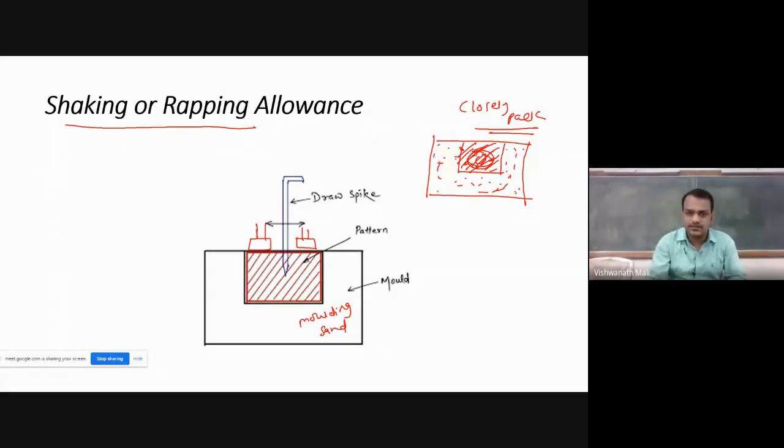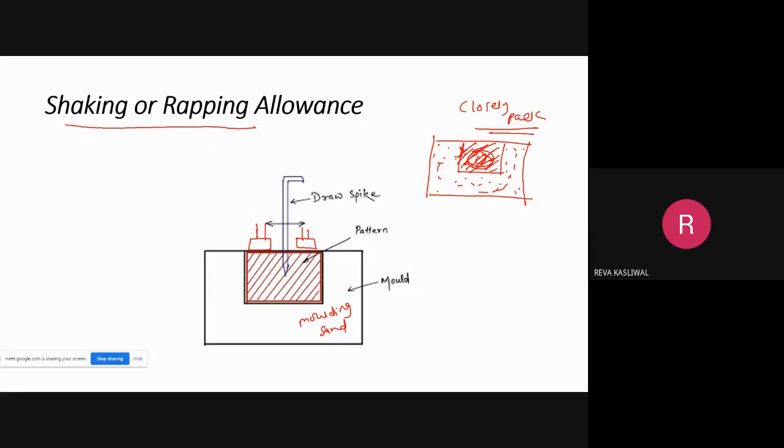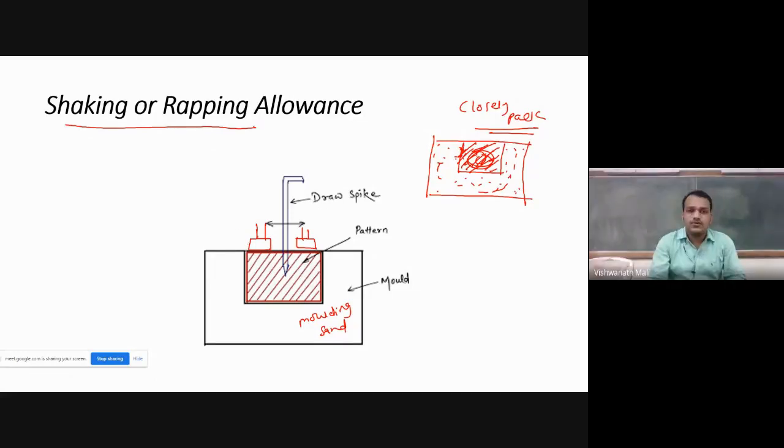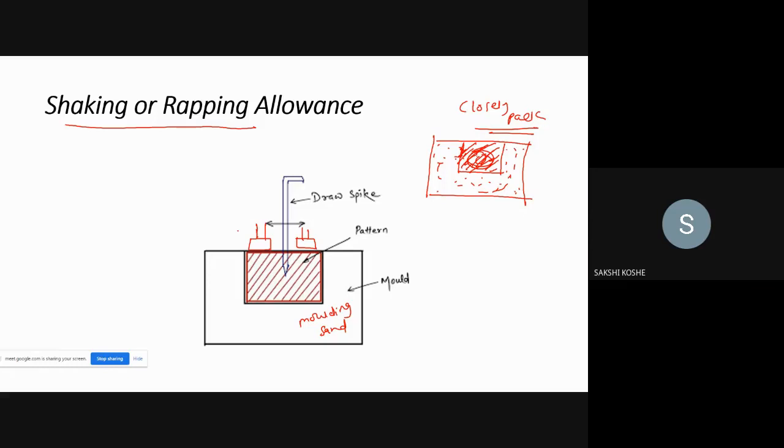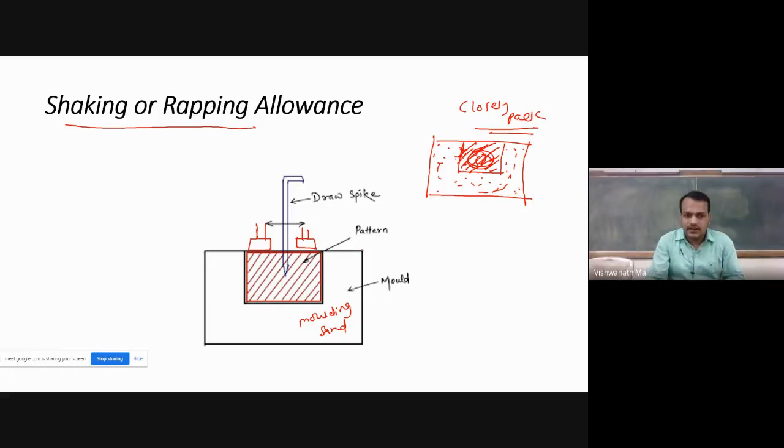What will happen when we hammer the pattern to loosen it from the mold? Length will decrease? No, no. What happens to the cavity which we have prepared? It will expand. See, here this is our pattern, and here is the molding sand. Now we want to remove this pattern with the help of this draw spike. But at the start, as it is closely packed, it is difficult to remove.